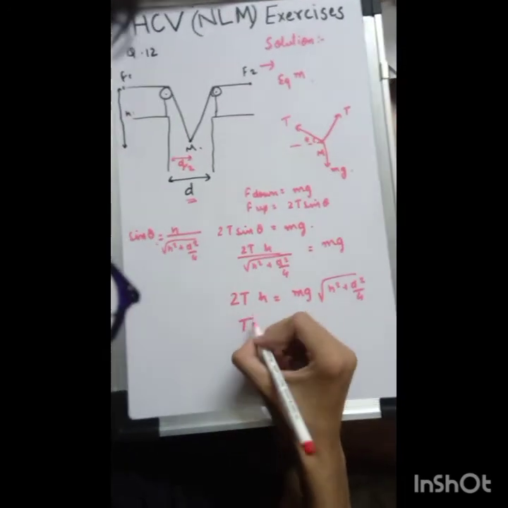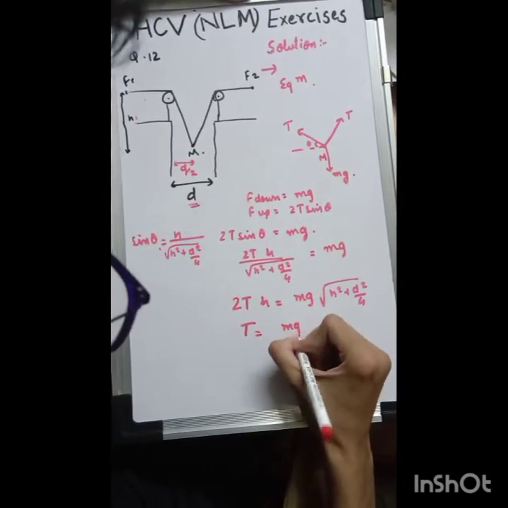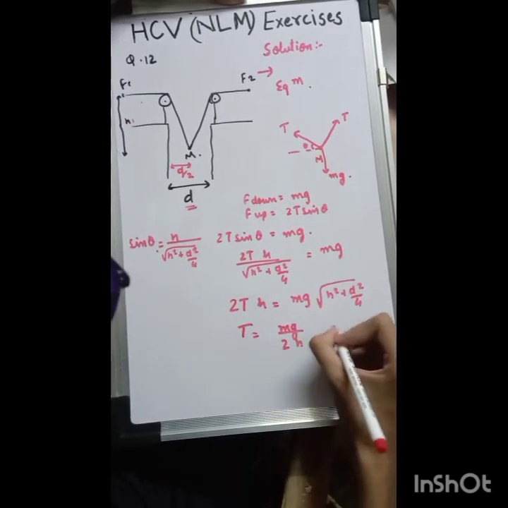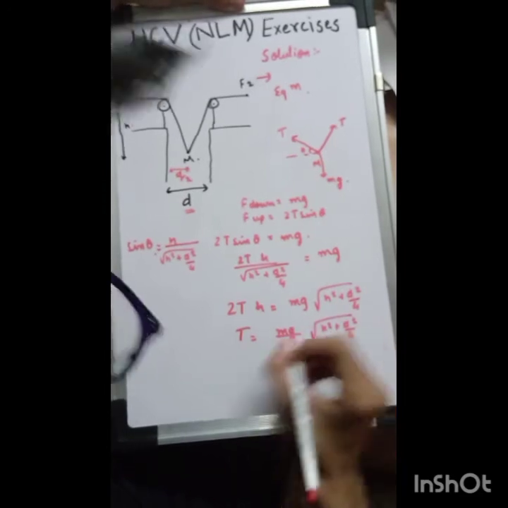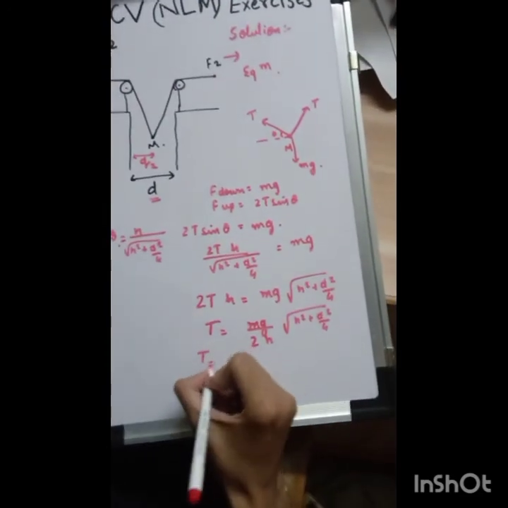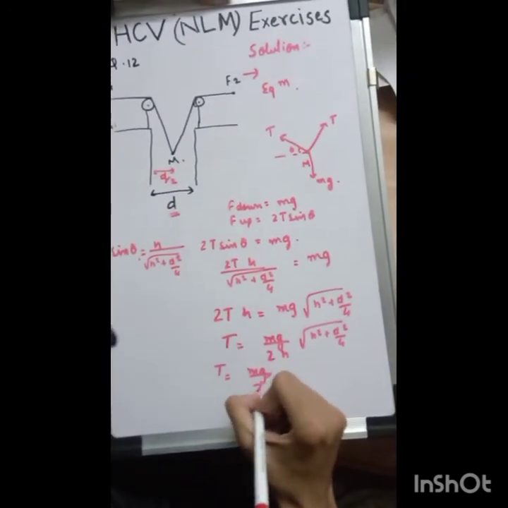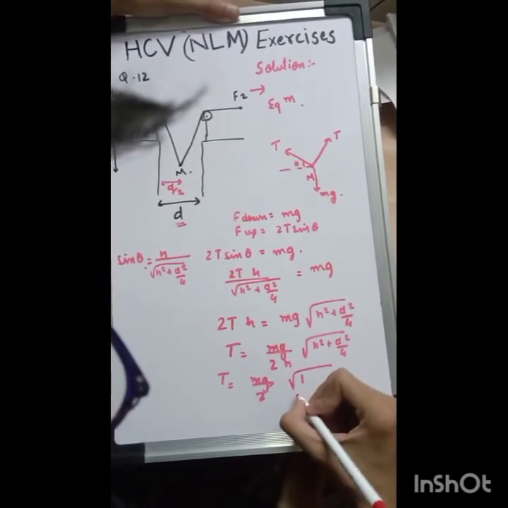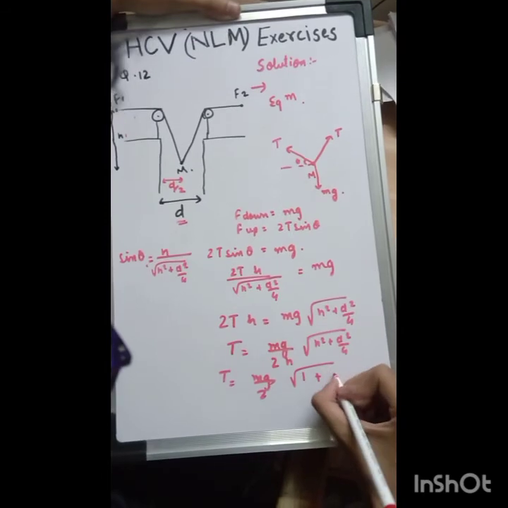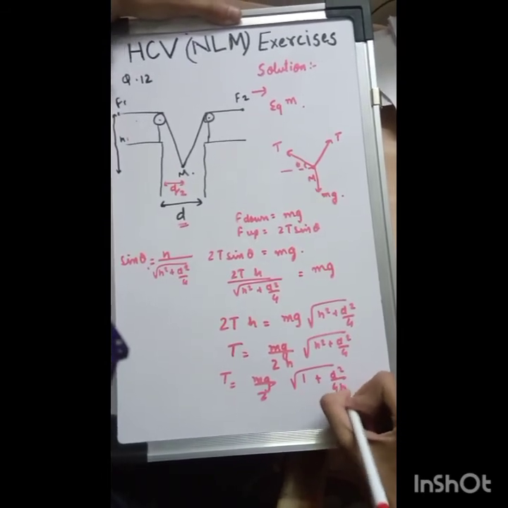T is equal to mg by 2h into under root of h square plus d square by 4. For more clarity, we will write mg by 2 into, taking h inside the root, under root of h square by h square, which is 1, plus d square by 4h square.